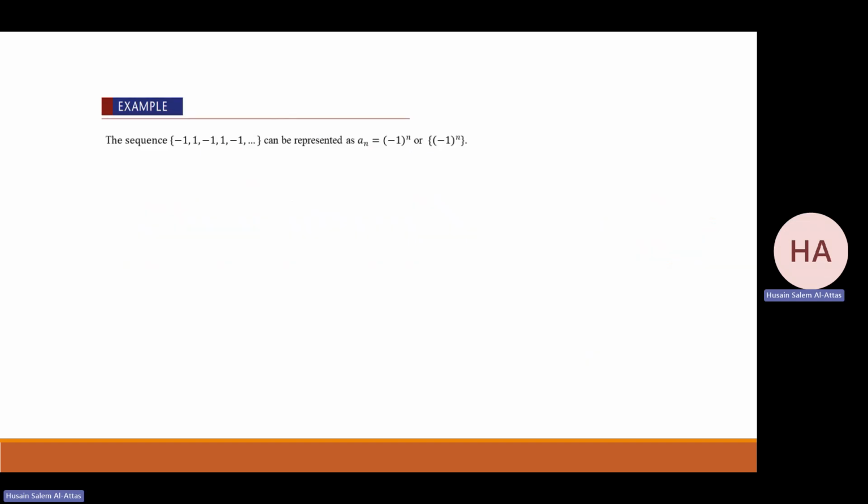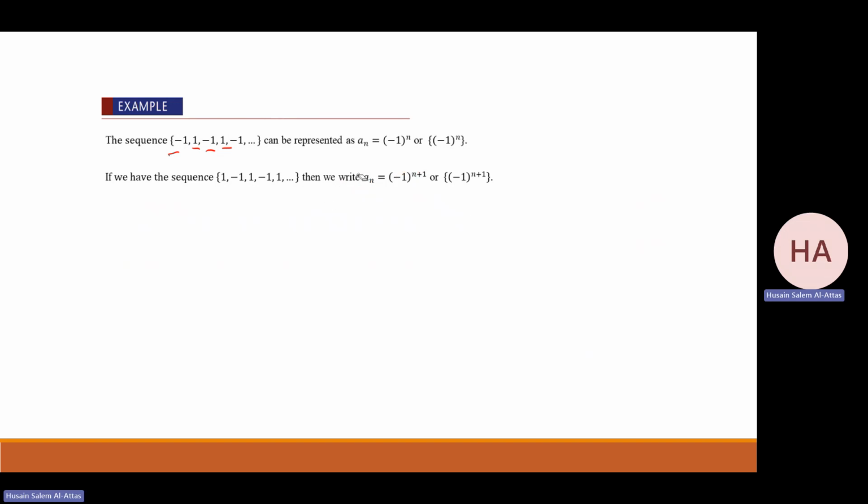This sequence, minus 1, 1, minus 1, 1. So very clear, I can write it as what? Minus 1 to the power n. Or you can write it minus 1 to the power n plus 1. It depends. You want it from where to where?